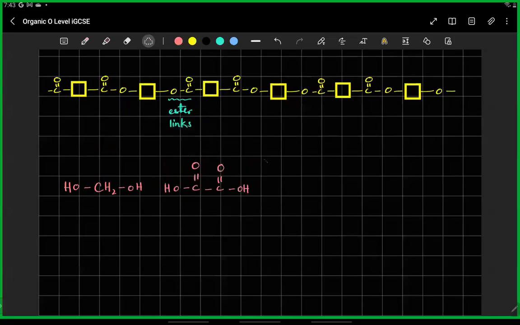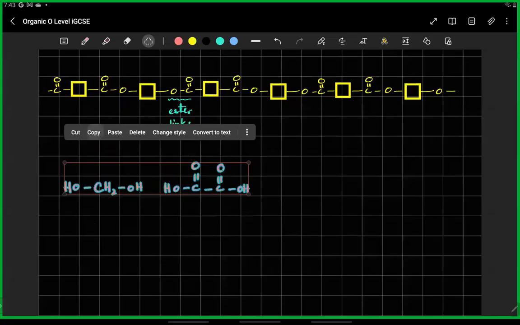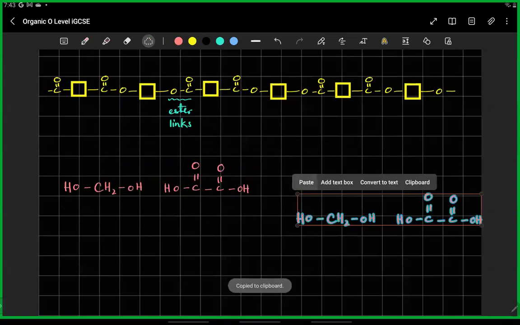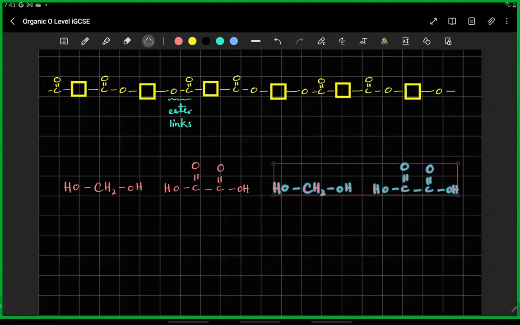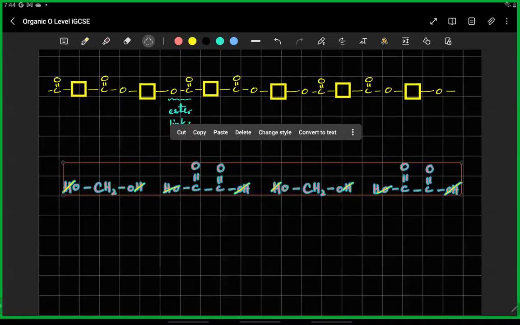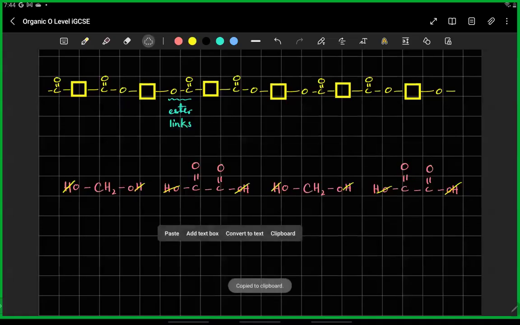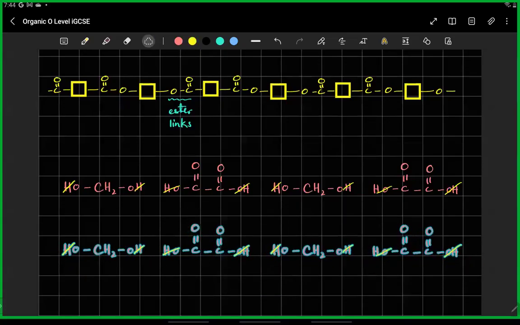ठीक है. बस इसको कर लेते हैं कि I'll just draw this quickly. Same thing happens. ठीक है. The box was just there to hide the middle part. So the OH and H are removed. H इधर, OH यहाँ से, OH and H, right? So you just get rid of the water in the middle. And once you get rid of the water, उसको रब कर देते हैं. ठीक है.